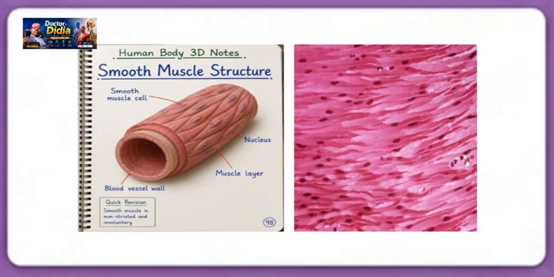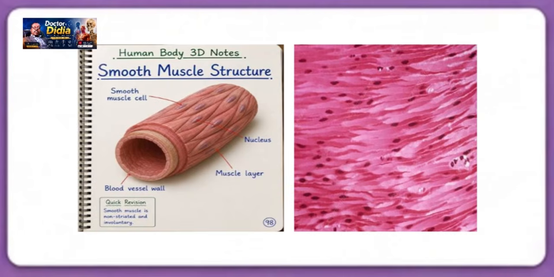Finally, let's look at the histology of the smooth muscles. The smooth muscles are made up of long spindle-shaped cells having a broad central part and tapering ends. The nucleus is oval or elongated and lies centrally.